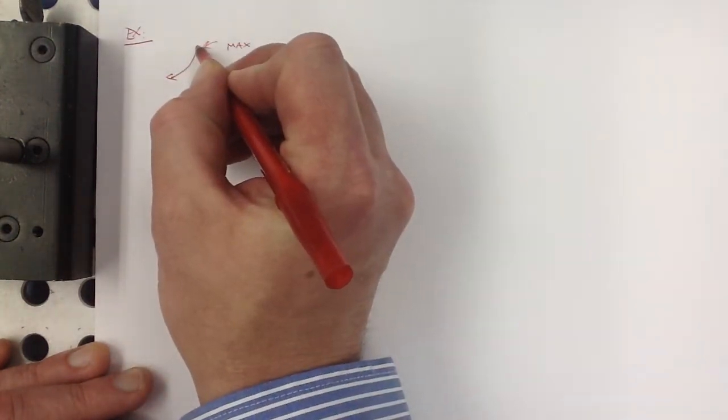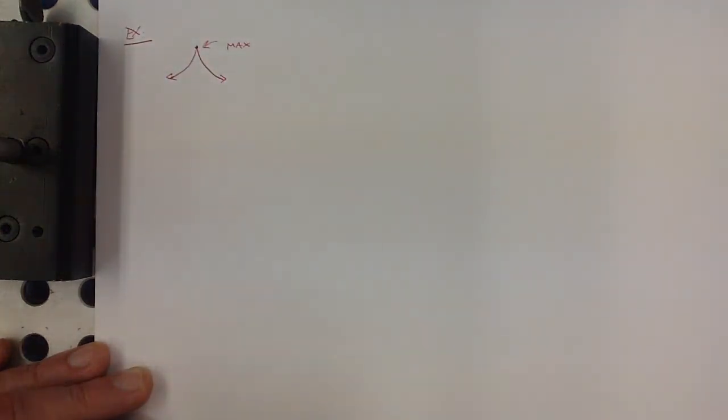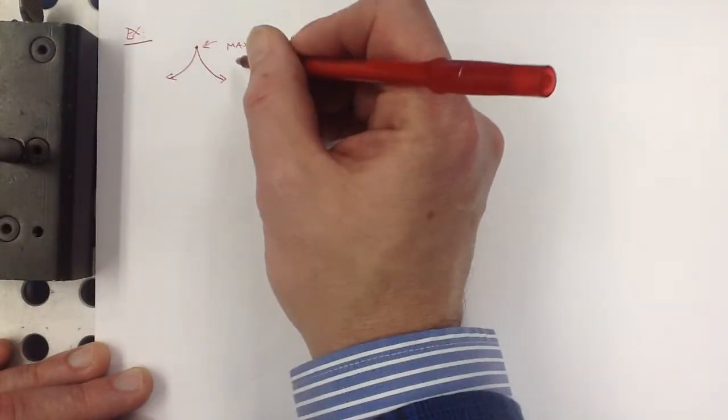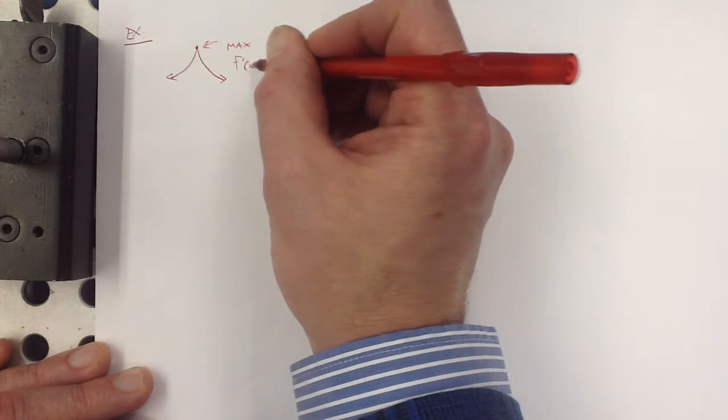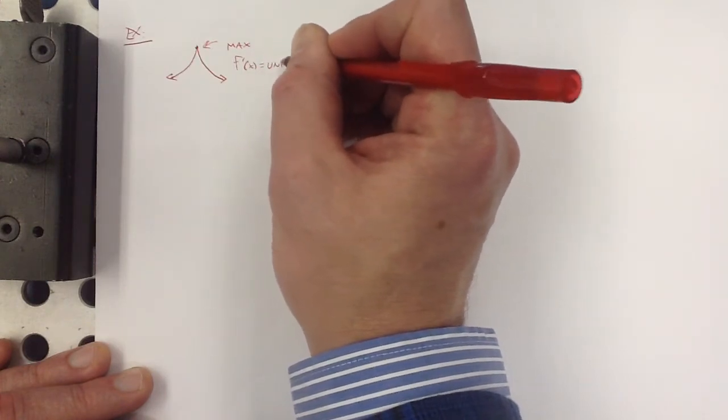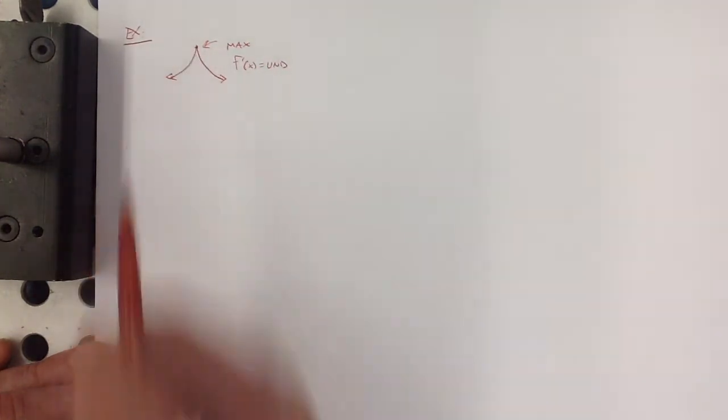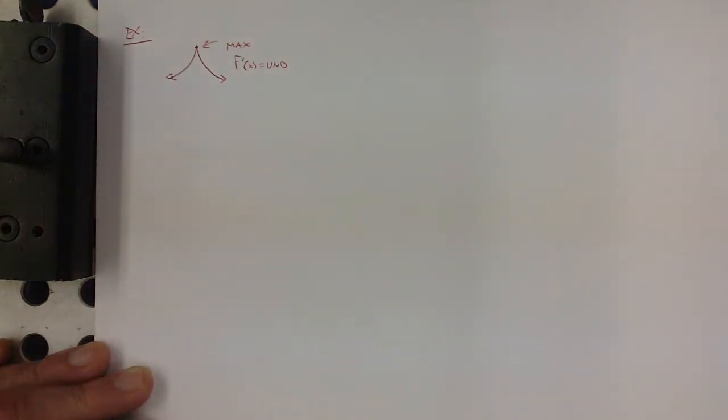I mean, it's clearly a maximum of that function. But notice that the derivative there is undefined at that point. It's undefined right there. So it doesn't always have to be equal to 0. And that's a little tricky thing that does get us into trouble sometimes. With particular functions, I'll try to give you an example of that in a few minutes.